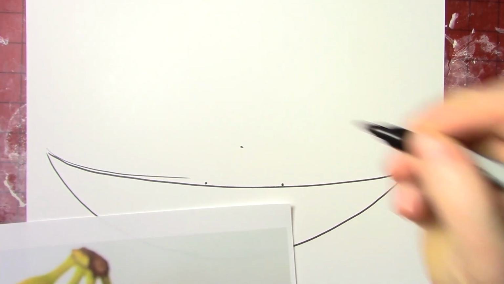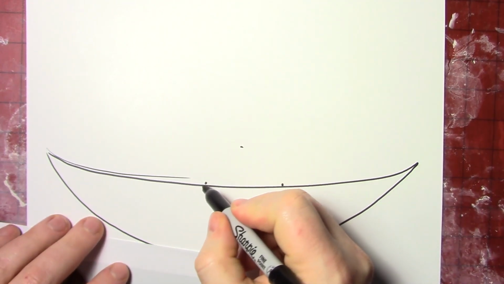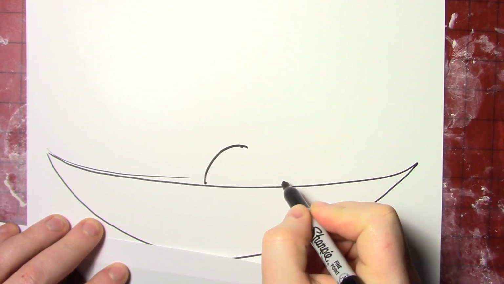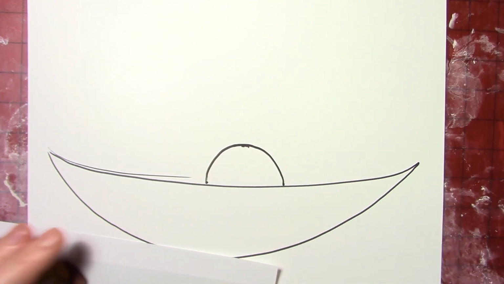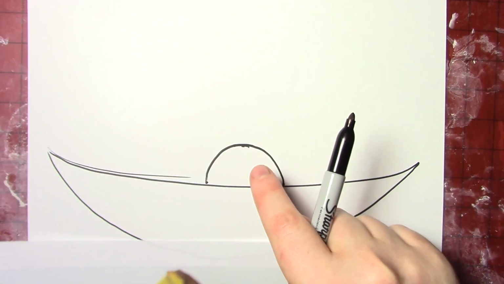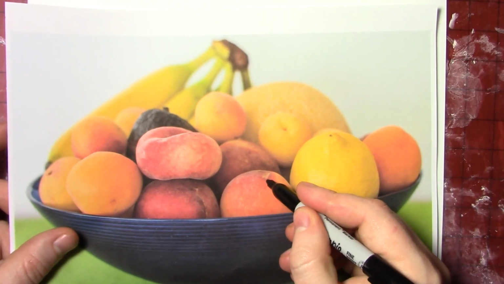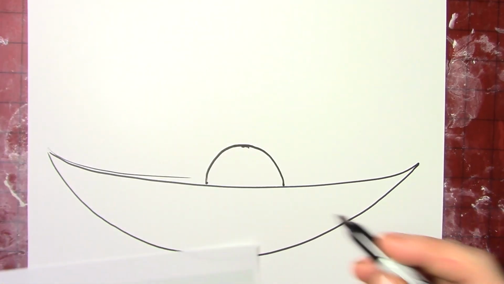And mark that here on my page. And then I can make a nice smooth curve between those. That is this peach.